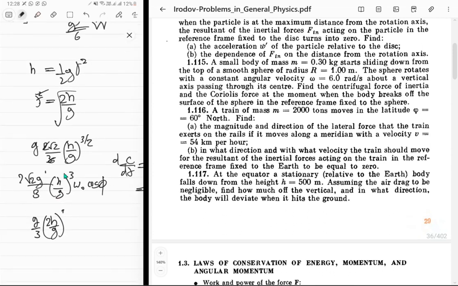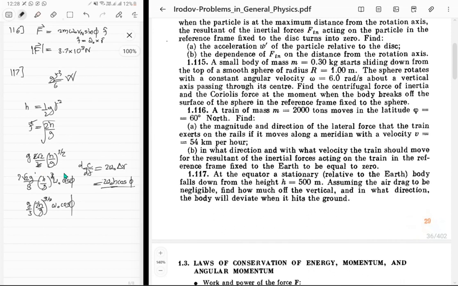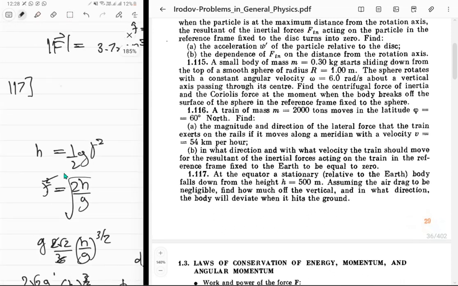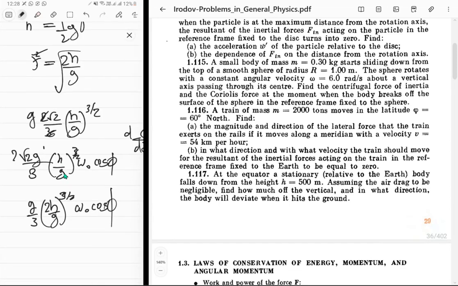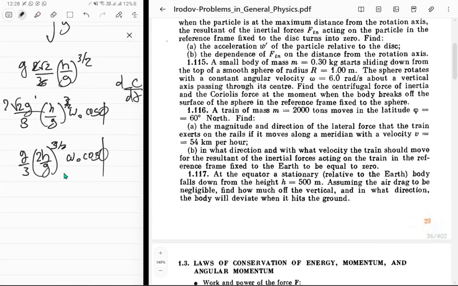Hey, this is actually nice because that cancels. Why did I not cancel it in the first place? So 3 upon 2, omega naught cosine phi, that's the answer. So now we can finally put that in there. Hope that it's correct. And by the way, it's got g square root g over there, so you can just put square root g right there.